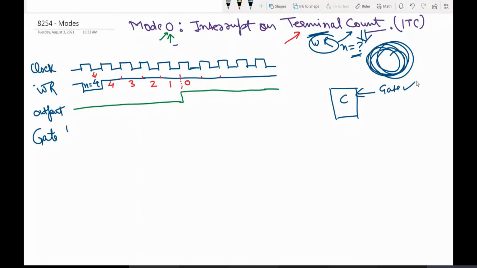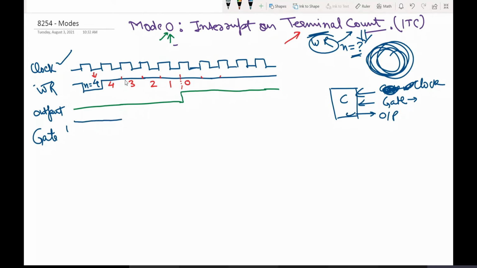One input is the clock, which will always be connected. The other input is the gate, which can be switched, and finally your output. There are 3 terminals in the counters. The clock we have connected, it will always be connected. The output we have seen is without gate. This is just for you to understand. So we have supposed that the gate is always 1 during the operation.